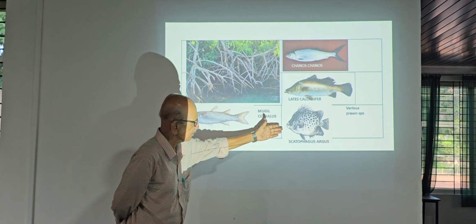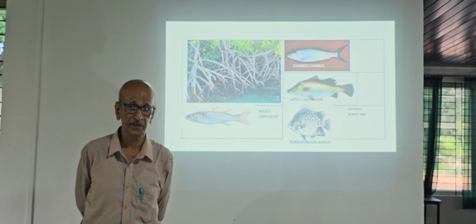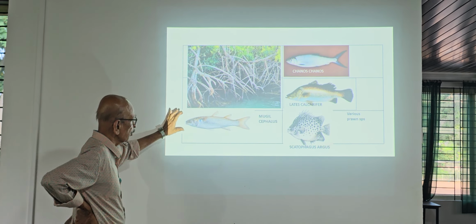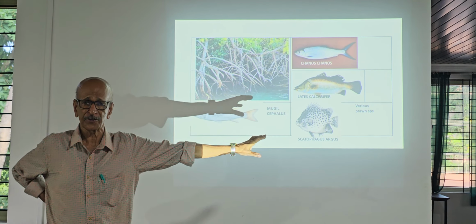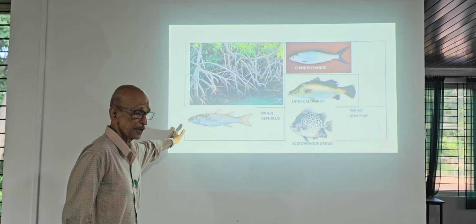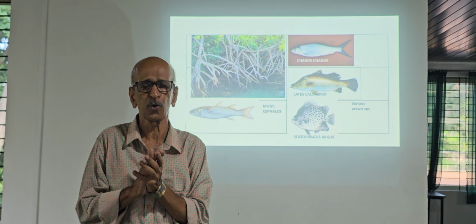And then this what's called pulka, Scatophagus argus, it's a flat fish. And then mullets, there are 2-3 types of mullets in the Aghanashini area, the grey mullet, then there is the gold spot mullet. They all use mangrove areas.